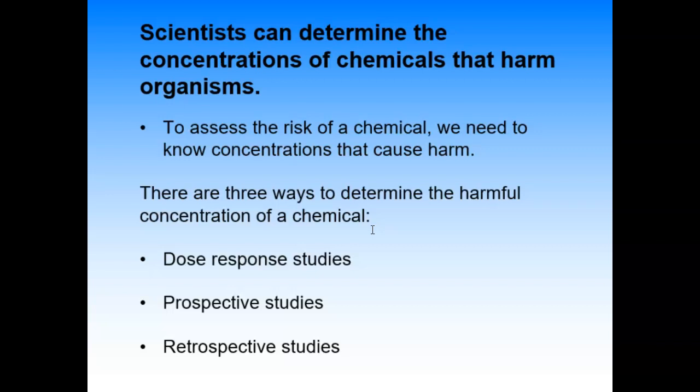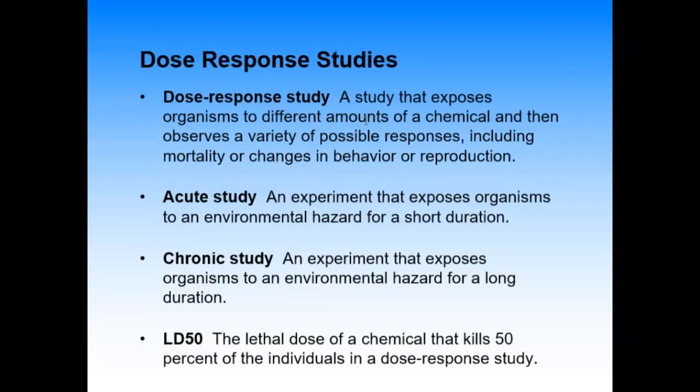So how do we know what's bad and how much of something is actually bad? Well, we can have a number of ways to determine how harmful a chemical is through a series of studies. We can have a dose-response study, a prospective, and a retrospective type of study.